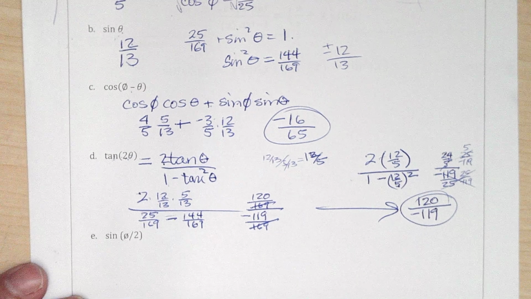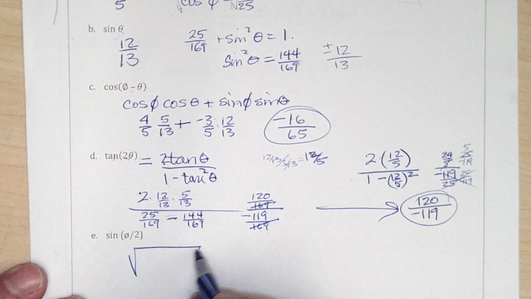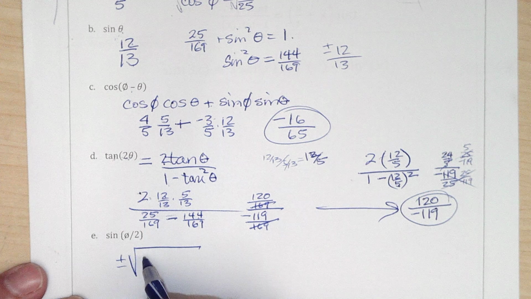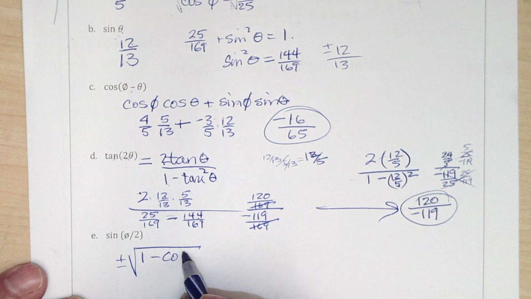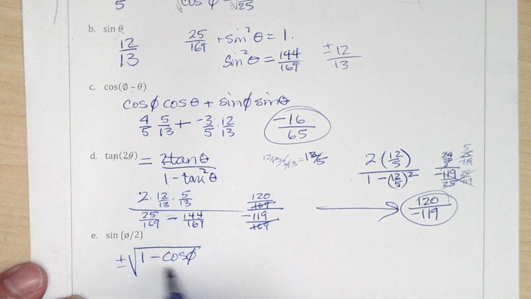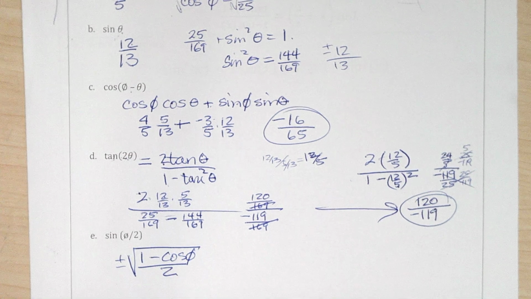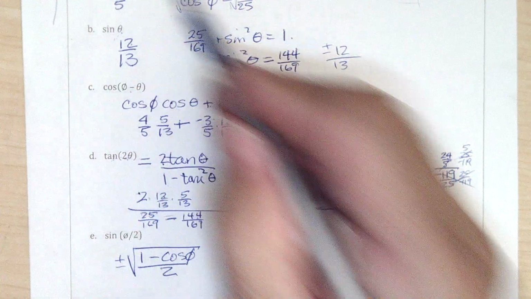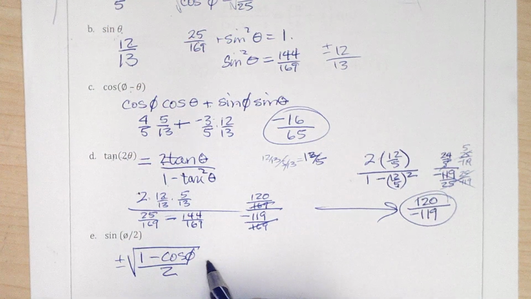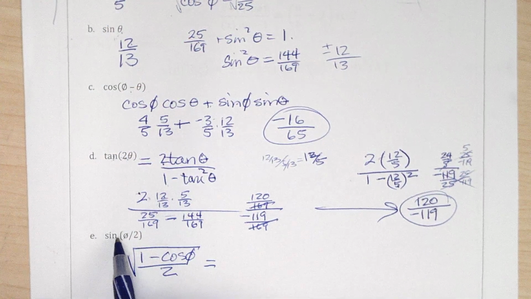The sine of theta over 2 is the square root, plus or minus, of 1 minus the cosine of phi over 2. And the cosine of phi was 4/5. And do we use the plus or minus?